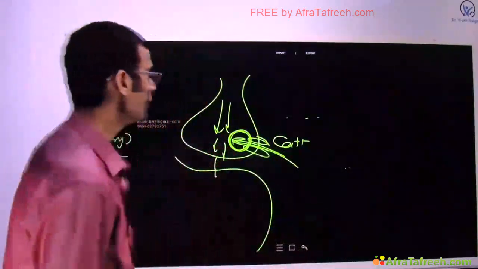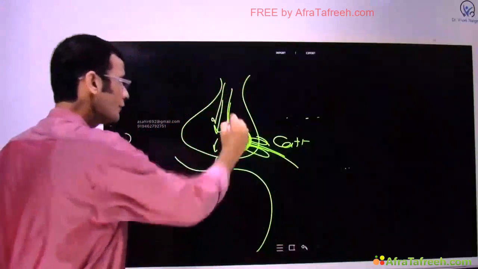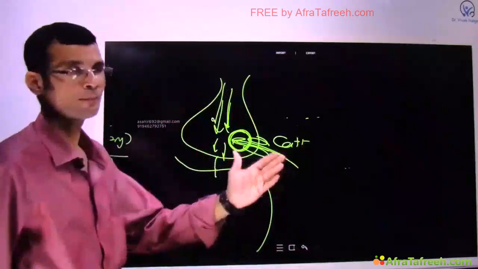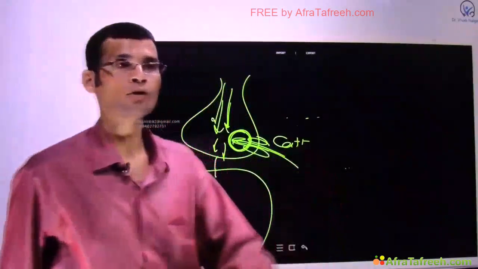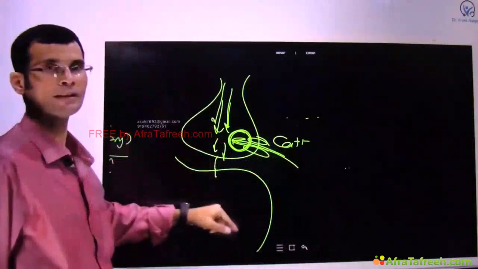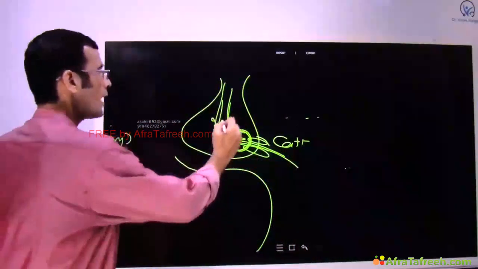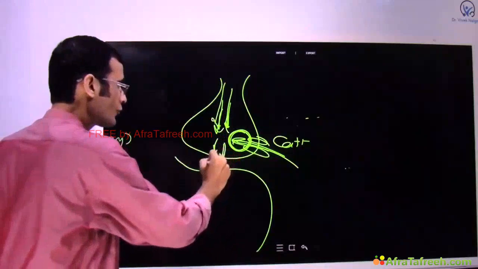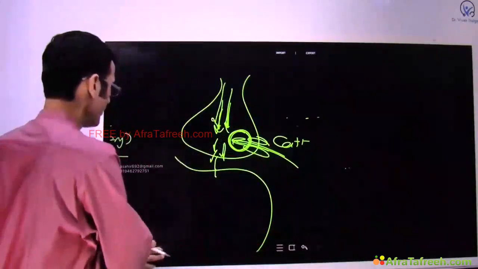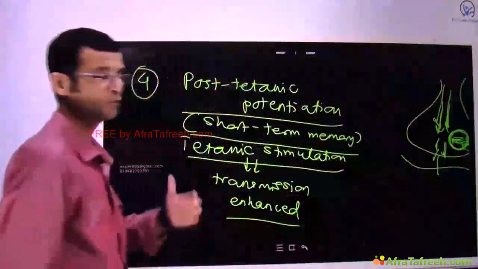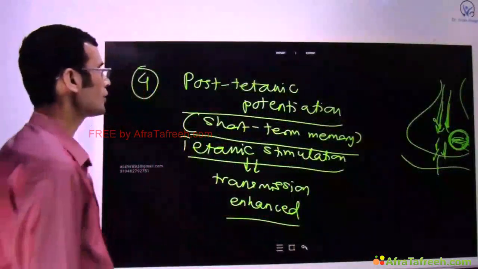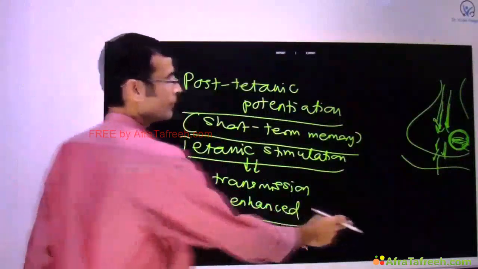So thereafter, when the impulse arrives, because of the extra calcium, you all know that's a property of synapse, that the amount of neurotransmitter released is proportional to the amount of calcium present in the presynaptic terminal. So now when the impulse comes, there is extra neurotransmitter released, and extra neurotransmitter released means you recall that phone number which was temporarily stored. So that's post-tetanic potentiation, the basis for short-term memory.